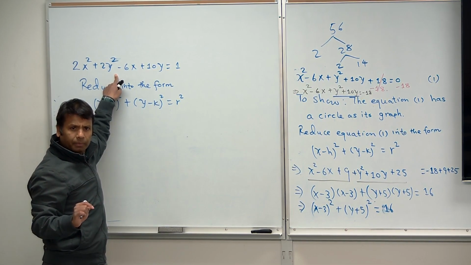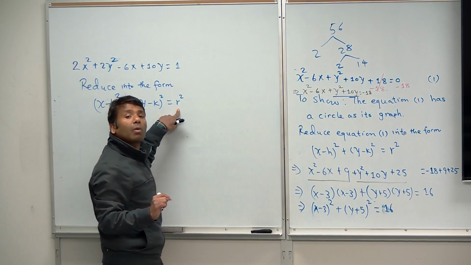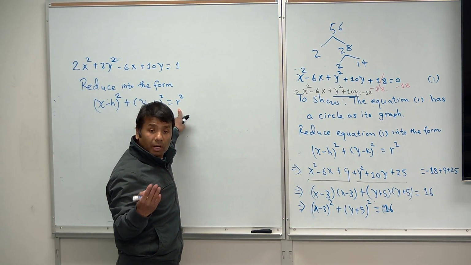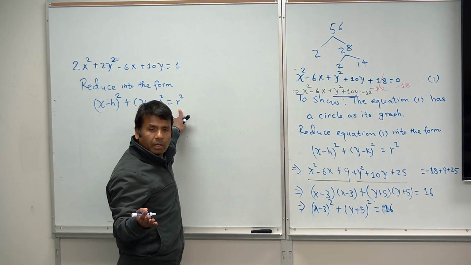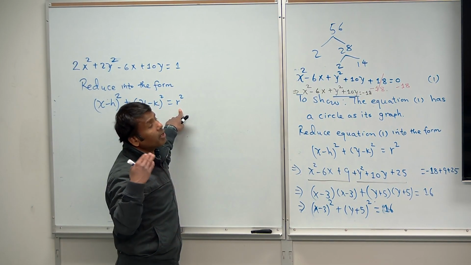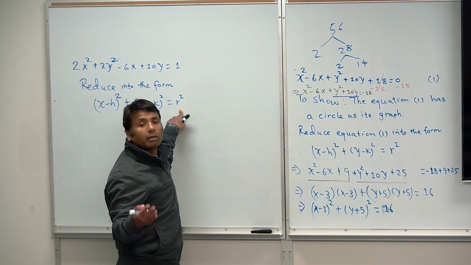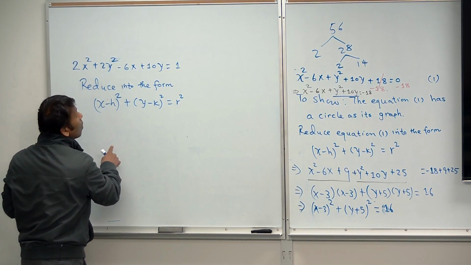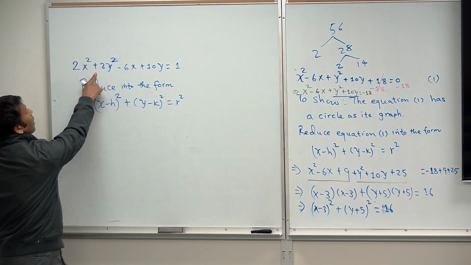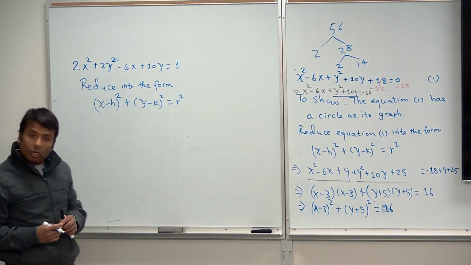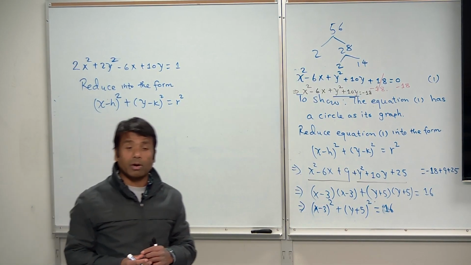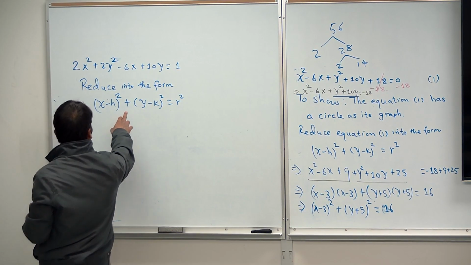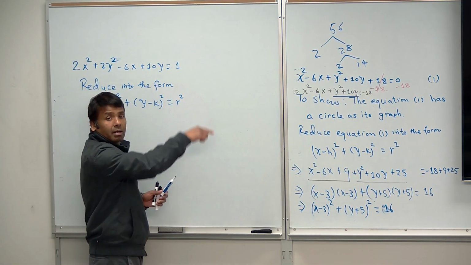Are you guys with me? If we get the value of r squared negative, the graph will be non-existent. If you get the value of r squared 0, the graph will be a point. But in this case, we have to show this equation has a circle as its graph. We have to reduce this into this form, and we have to show r squared is positive.